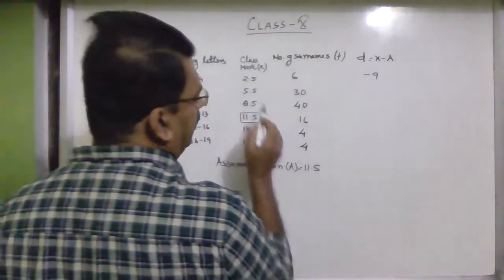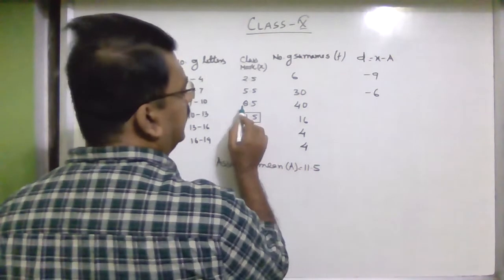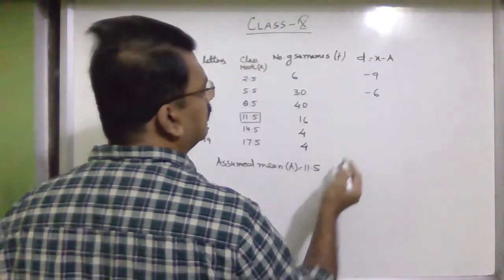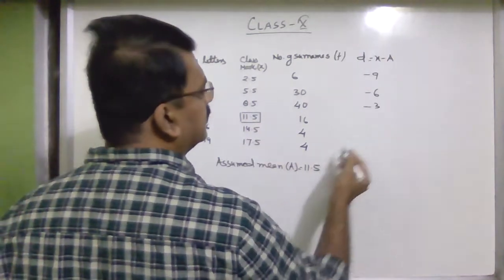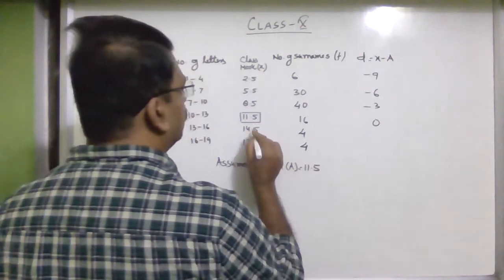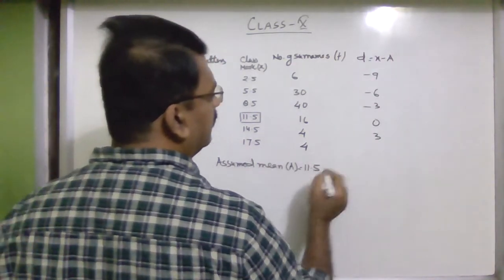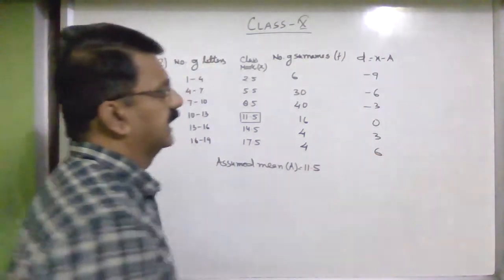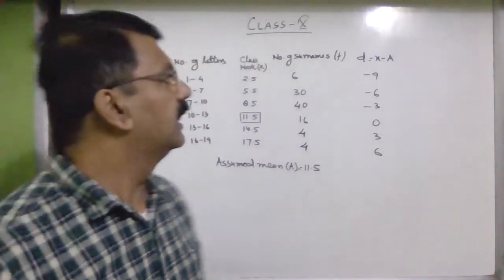Then 5.5 minus 11.5 will be minus 6. Then 8.5 minus 11.5 will be minus 3. Then 11.5 minus 11.5 will be 0. 14.5 minus 11.5 will be 3. And then 17.5 minus 11.5 will be 6. So that is the deviation.